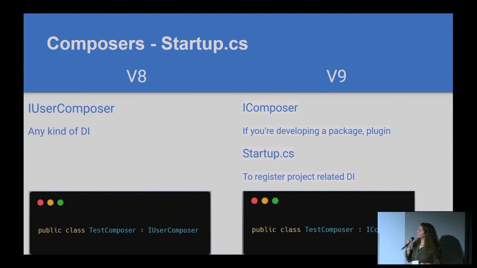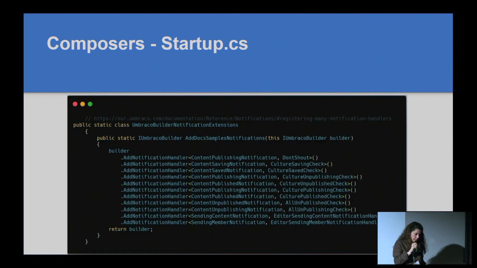With version 9, what we are suggesting is, if you're developing a package or a plugin for your project, like a custom property editor, then use IComposer to register them. But if it's just any other kind of dependency injection, you can add them in Startup.cs. So I'm going to show you an example of this.